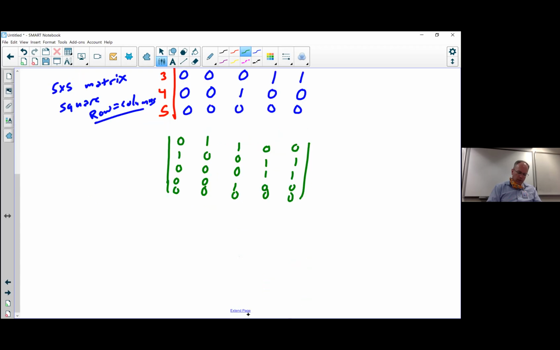Okay, extend the page. I don't want that to look like that. I want it to be a 1 and a 0. Oh, and that one I don't like really. I want that to be a 0 and a 0. So this would be how your information would flow.